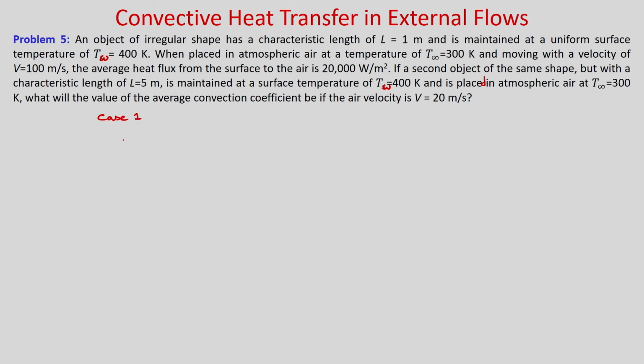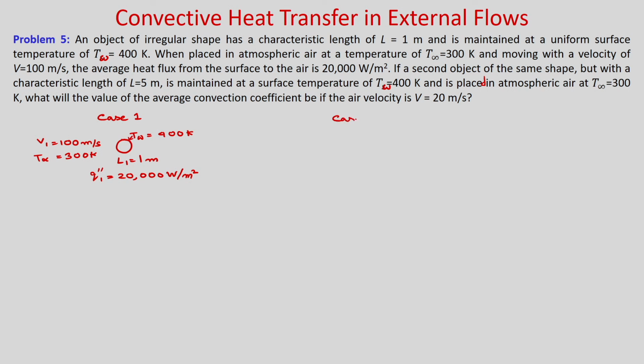You have one shape like this whose characteristic length L1 is 1 meter, T wall is 400 Kelvin, V1 is 100 meter per second, T infinity is 300 Kelvin and Q double prime 1 is 20,000 watt per meter square.